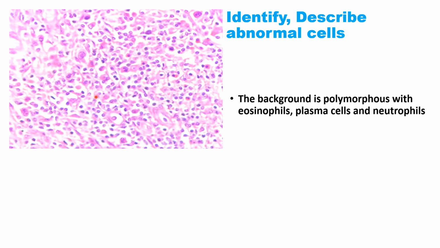But in addition, you also see some large cells, and these are the diagnostic and important cells in this lesion. This is Hodgkin lymphoma. Some people say Hodgkin's lymphoma. However, many textbooks write it as Hodgkin lymphoma.